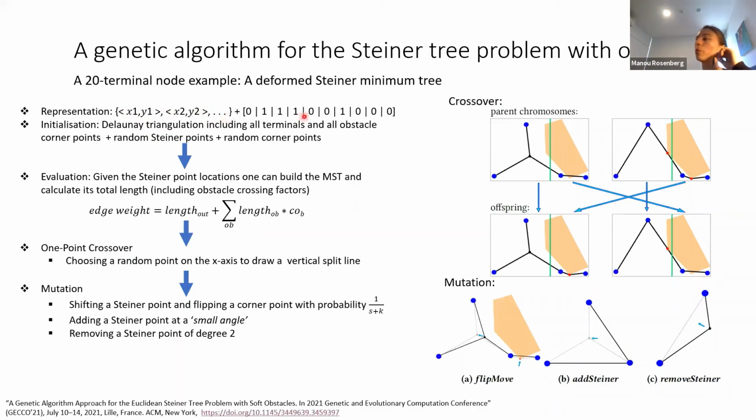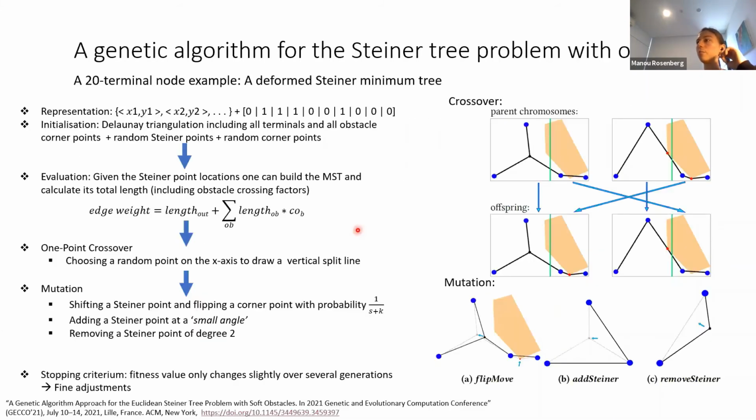But we could also switch on and off the so-called obstacle corner nodes. So in this representation, 0 stands for that we don't use a specific obstacle corner in our tree representation, and 1 stands for that we would use it. Without going into much detail, we have different mutations and crossover.